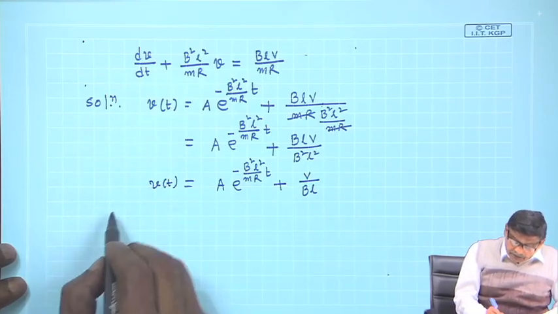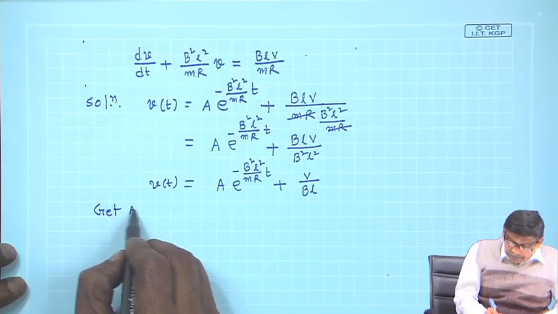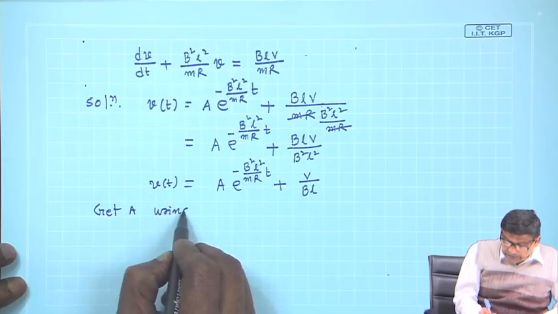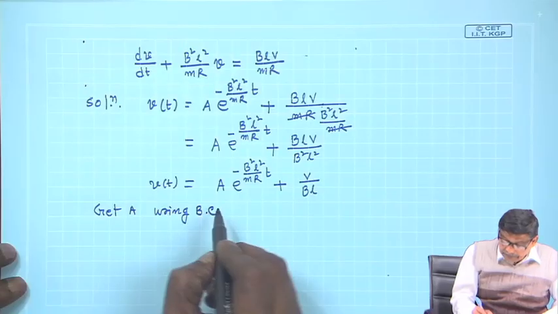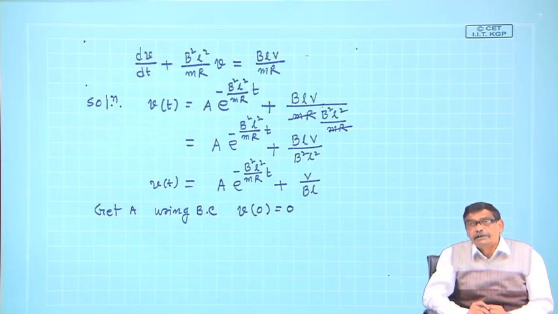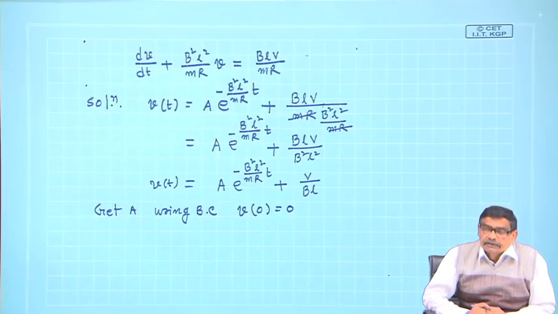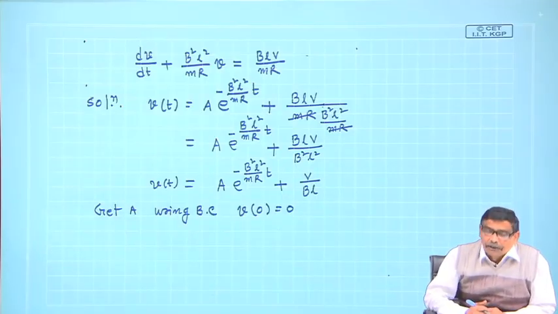Now, to determine the constant A, we use the boundary condition that V 0 is equal to 0. See, velocity of a mass cannot change instantaneously. So, at t equal to 0 minus velocity was 0, at t equal to 0 plus, although there is some current flowing in the conductor, velocity cannot change instantaneously, that is what inertia means.